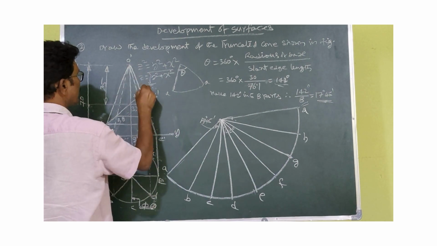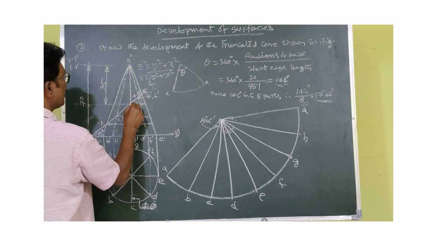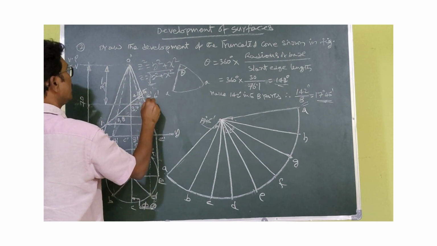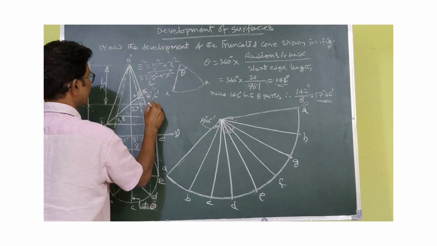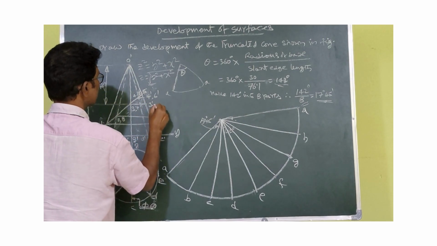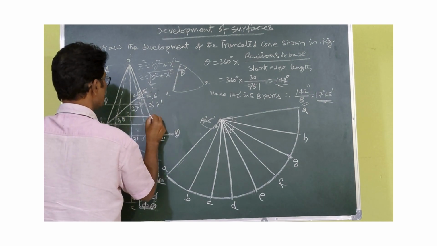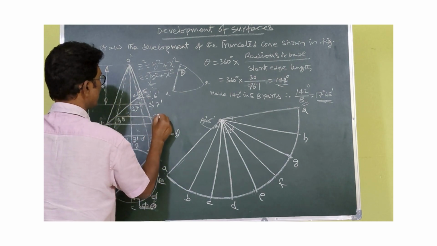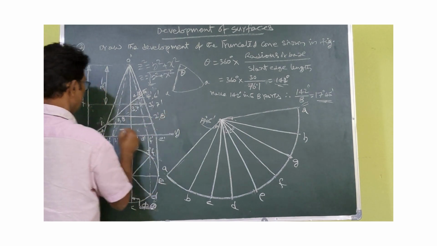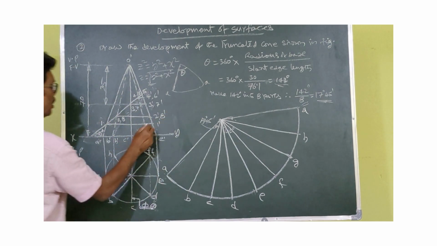For 5 it gives true length. So at 3 and 7 you extend on the last slant edge, that is also called 3 dash and 7 dash. At the same time, 2 and 8 is extended here, name it 2 dash and 8 dash, and this is the 1 dash.